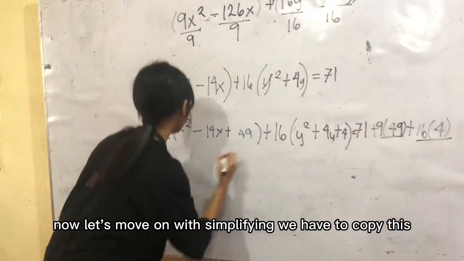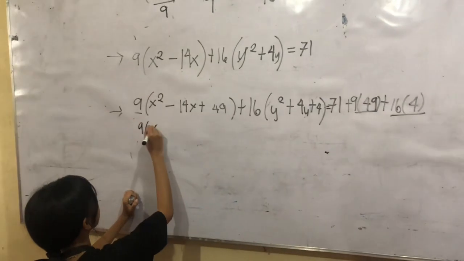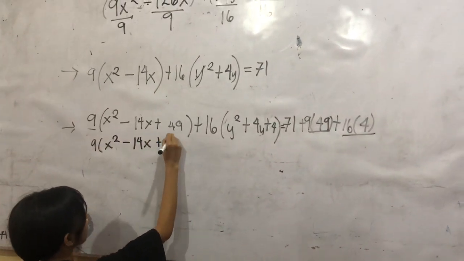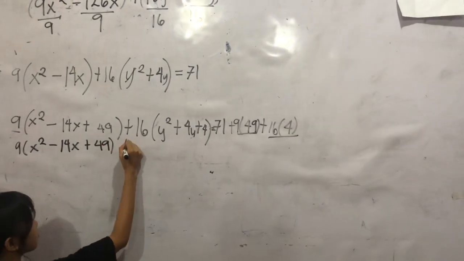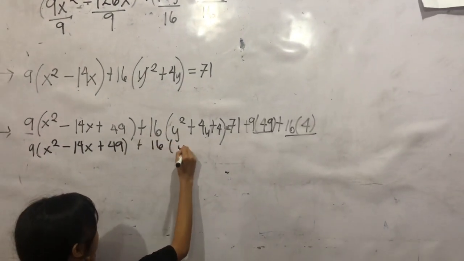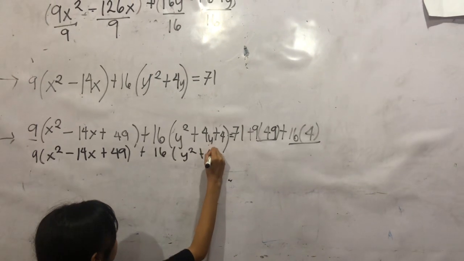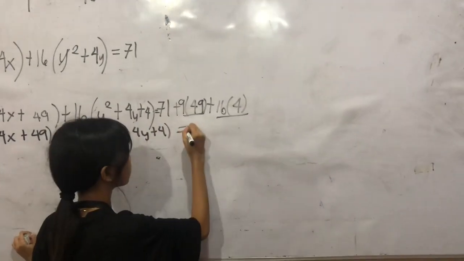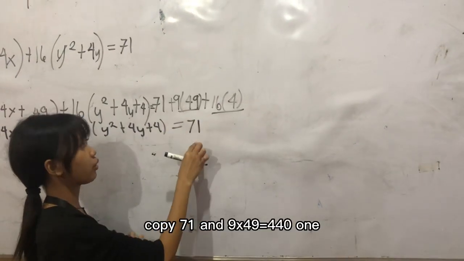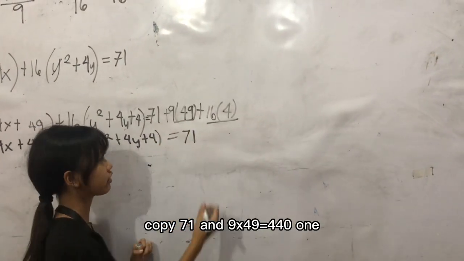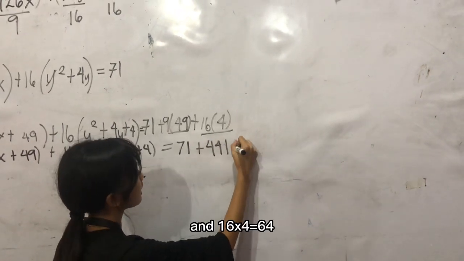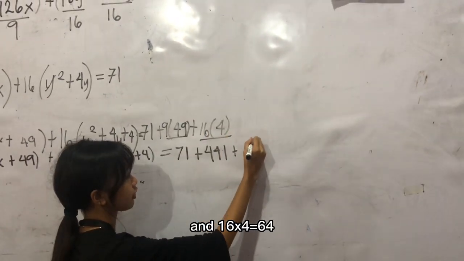We have to copy this. Copy 71. 9 times 49 is 441. And 16 times 4 is 64.